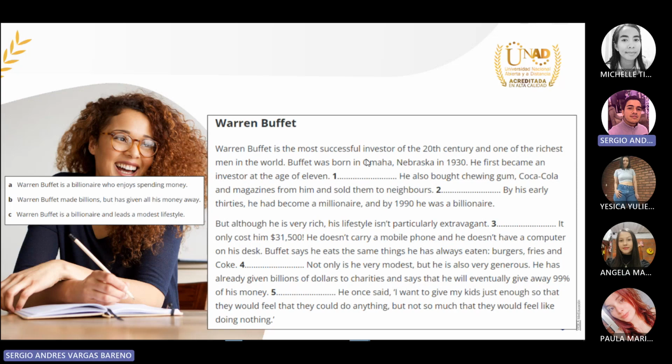Okay, thank you. So let's check some vocabulary here. For example, remember this symbol for the money is the dollar. So we have 31 and $500, right? It's in dollars, the money. Another, here you have burgers, fries, and Coke. This word Coke is maybe a short way to say Coca-Cola, right?